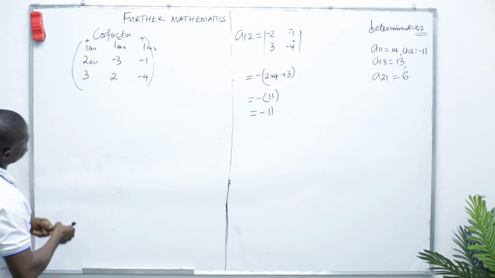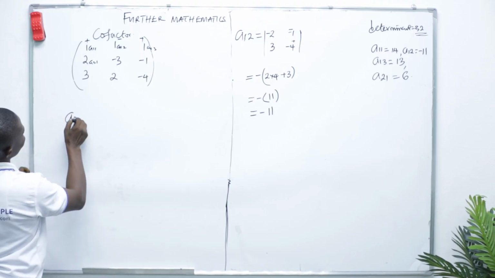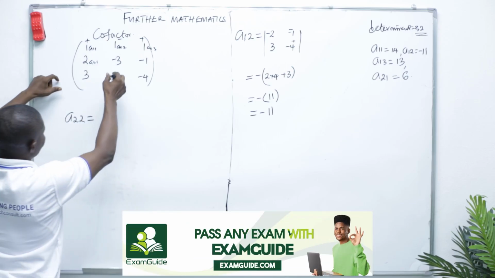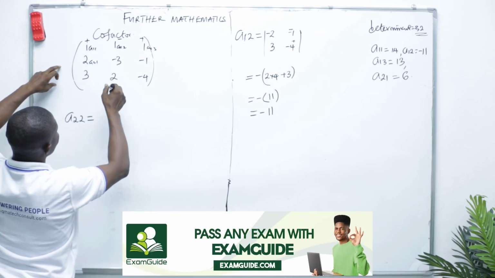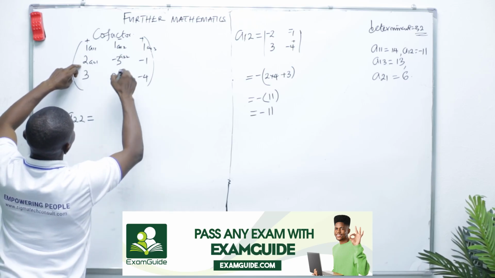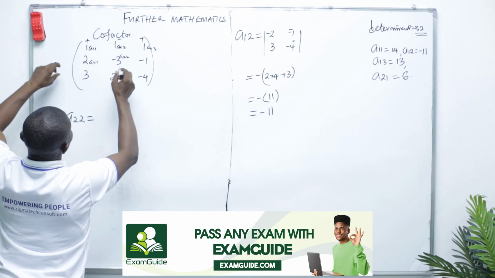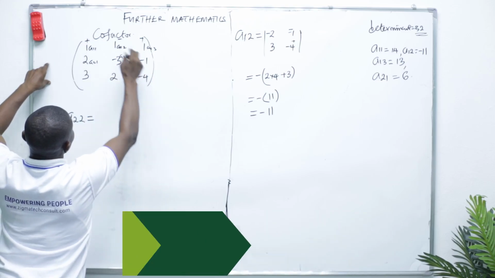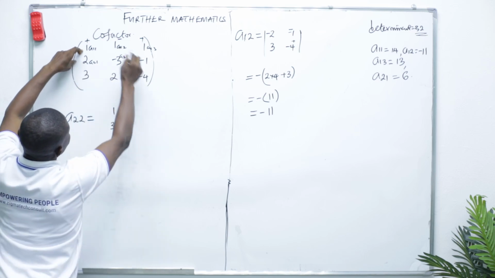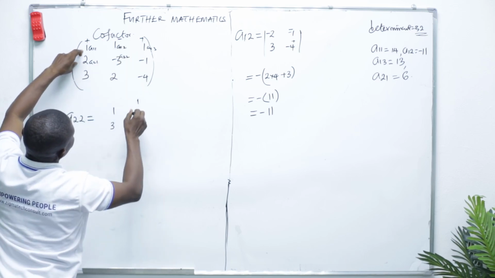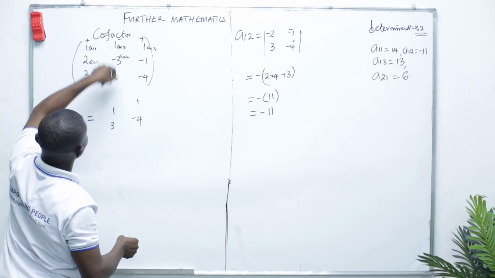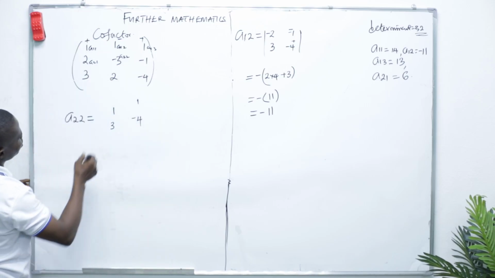A22 equals, this way, 1, 3, 1, minus 4. Okay.